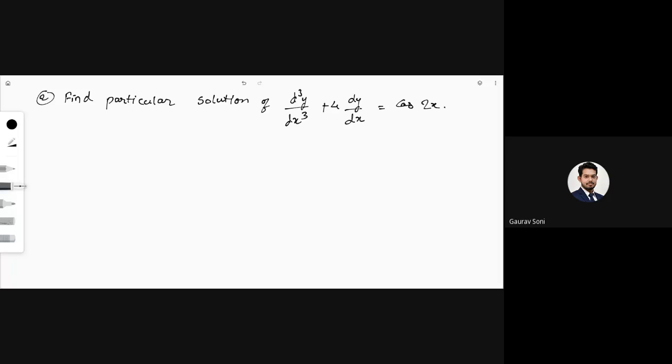It will be better if someone tries. I could just convert it. That will be d cube plus 4d y is equal to cos of 2x. The particular solution is asked, so yp is equal to 1 upon d cube plus 4d cos of 2x. I want someone to solve it.